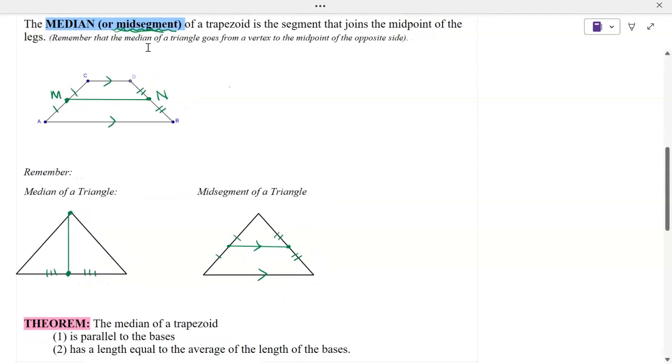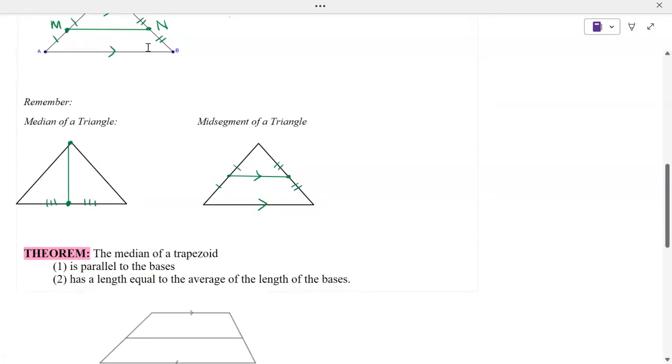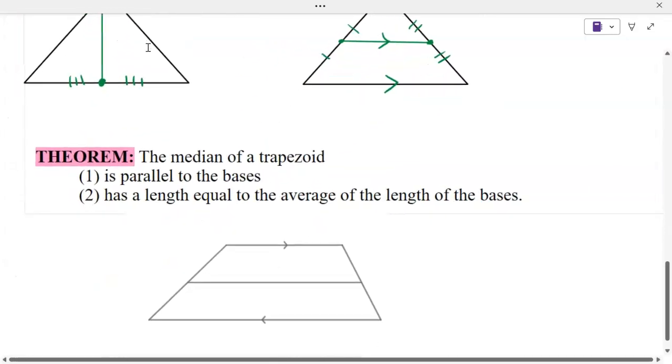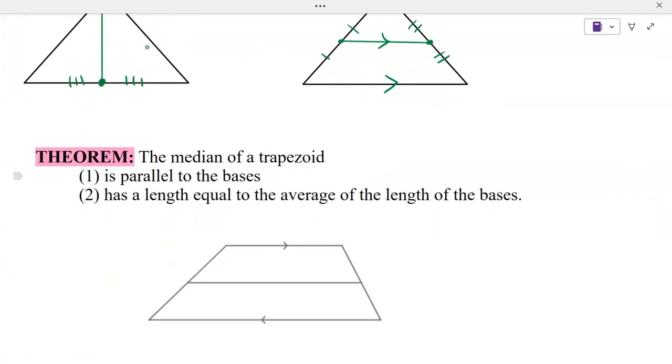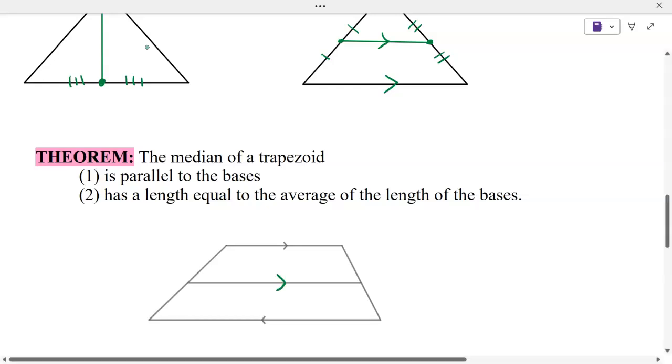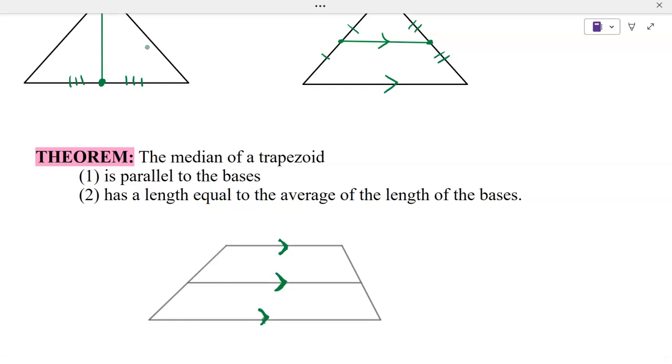So we do have a theorem about the median of a trapezoid, and the theorem tells us that the median of the trapezoid is going to be parallel to the base. So we can go in and draw in our parallel symbol so that we see that we have these three lines that are parallel, and that median is going to be half the sum of the lengths of the bases.